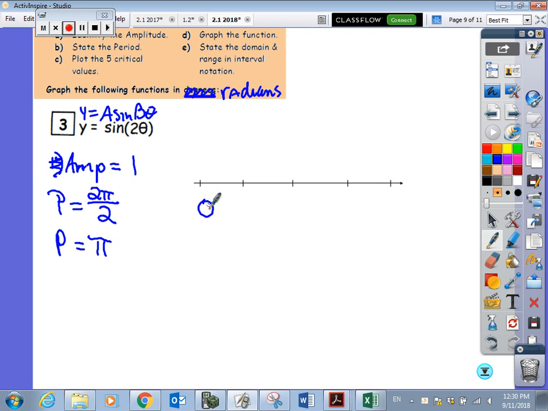So we go 0 to pi. And why do we always start at 0? Because right now there's no shift. Tomorrow we'll shift, and it won't always start at 0. Then we want to find the midpoints. That one's pretty easy. Halfway between 0 and 1 is a half, so pi over 2, or 0.5 pi, however you want to think of it.